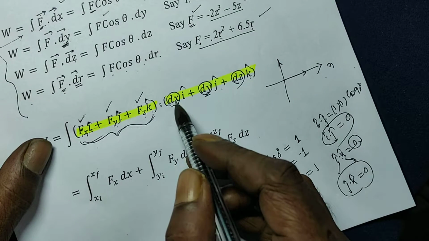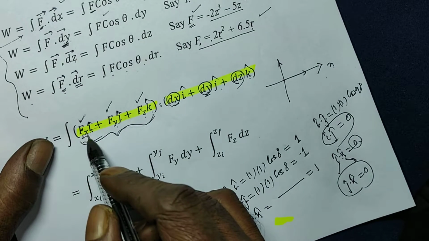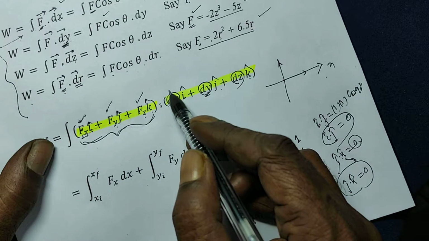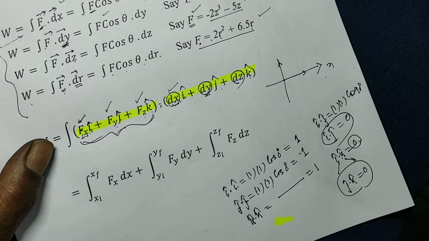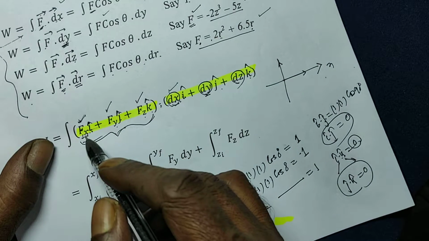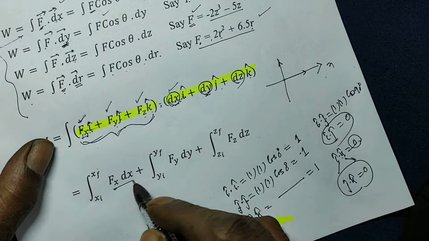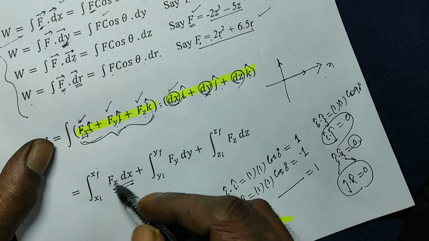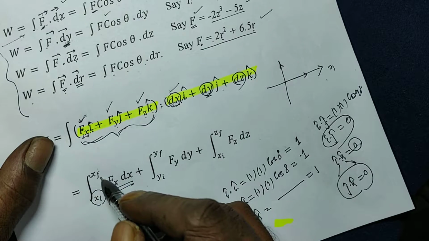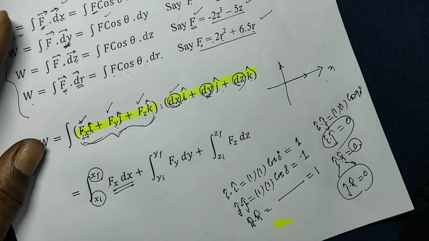Fx I cap dot dx I cap: Fx dot dx, and these are in the same direction. I dot I is 1. So Fx dx, integrated from the initial position xi to the final position xf.